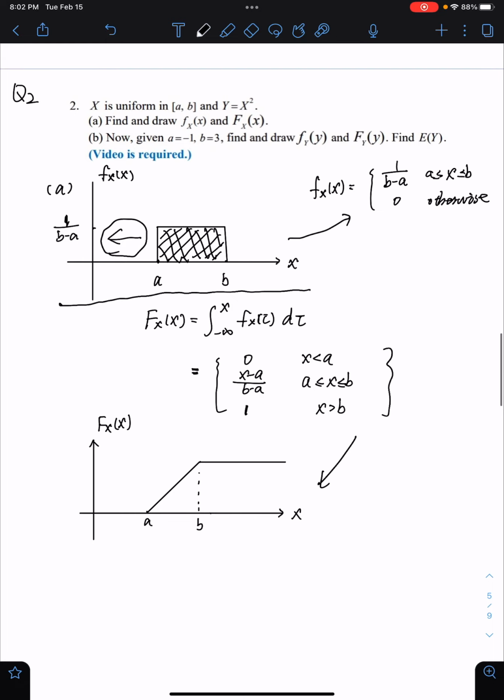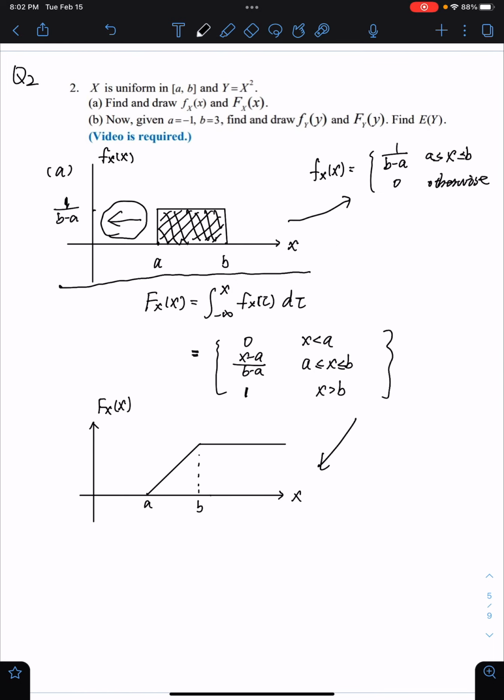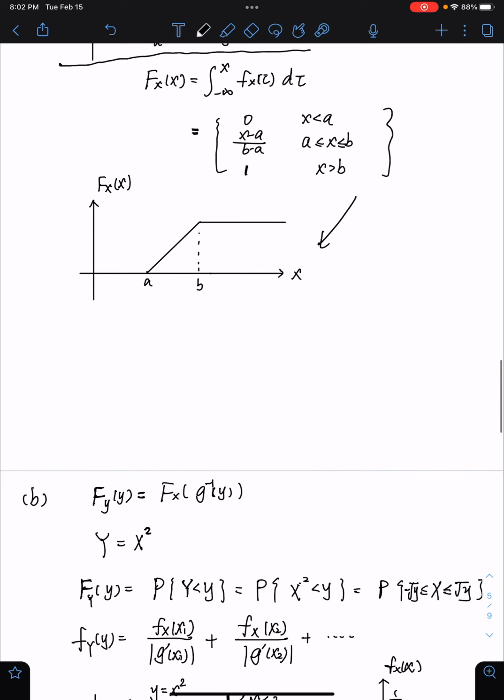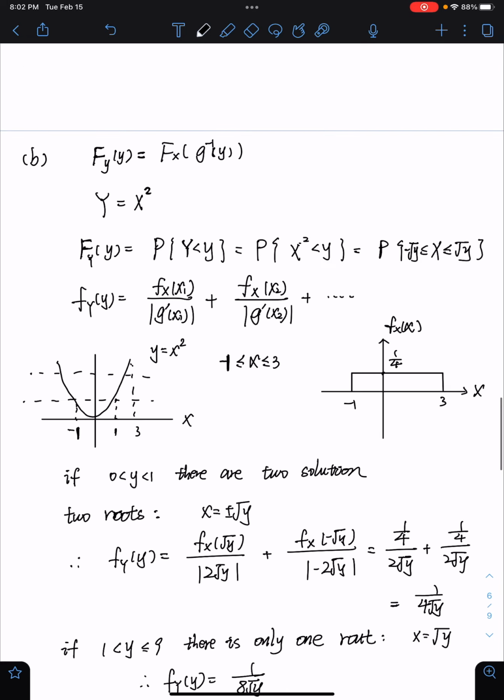And question 2 is to find the small f_Y and big F_Y, and then find the expectation of Y. Since a equals minus 1 and b equals 3, we can draw the f_X function, which is here.